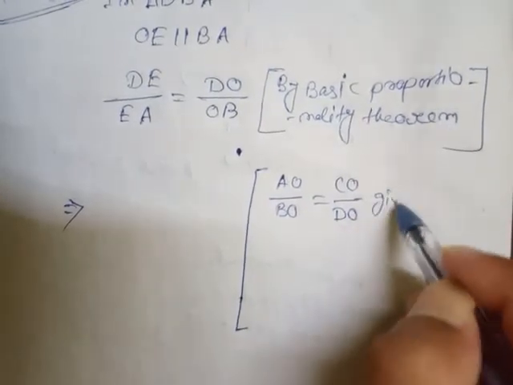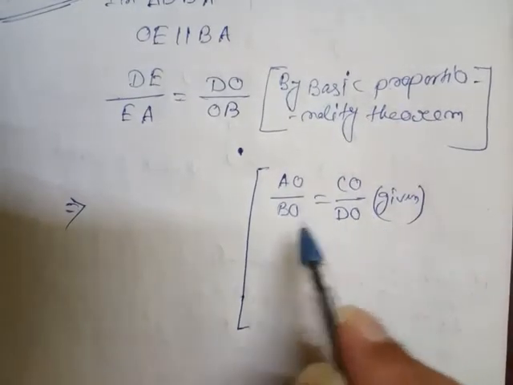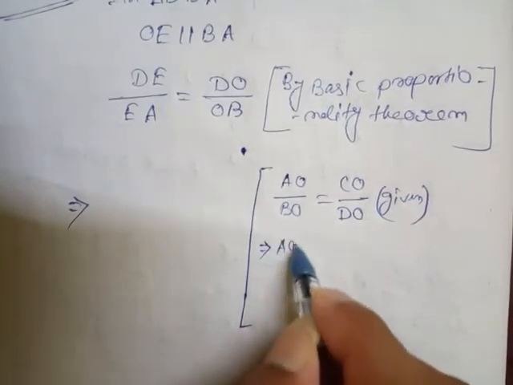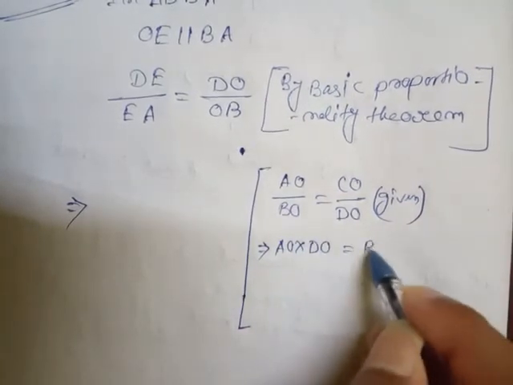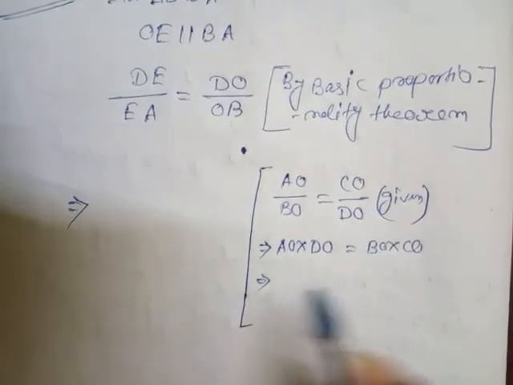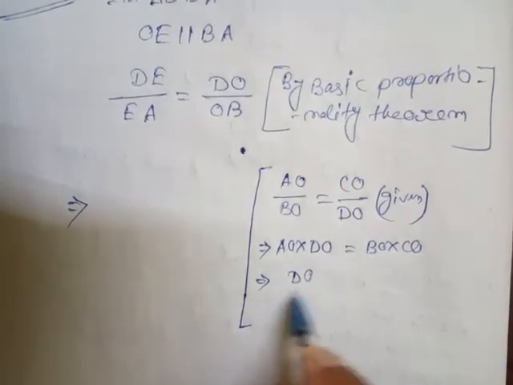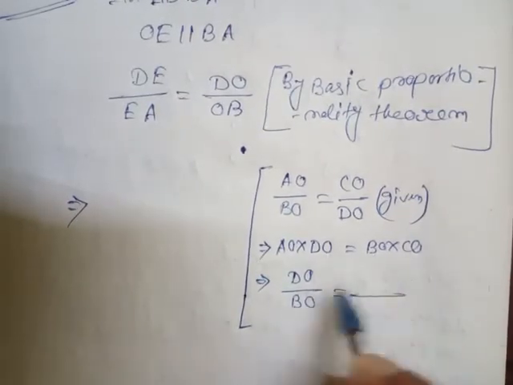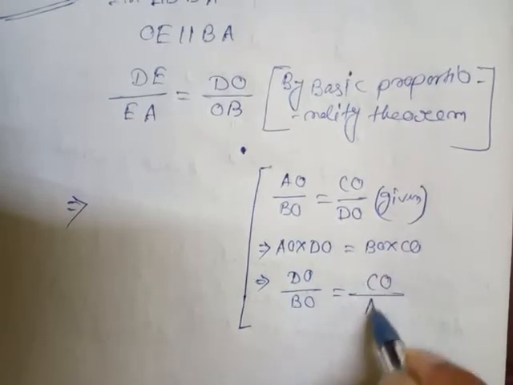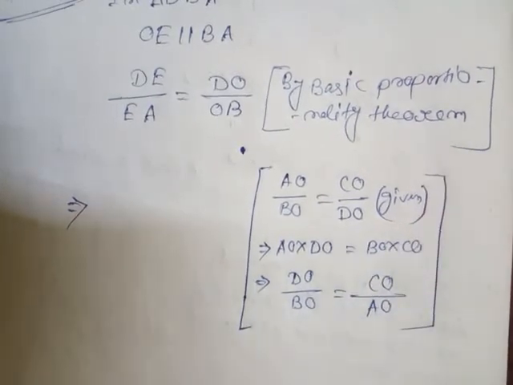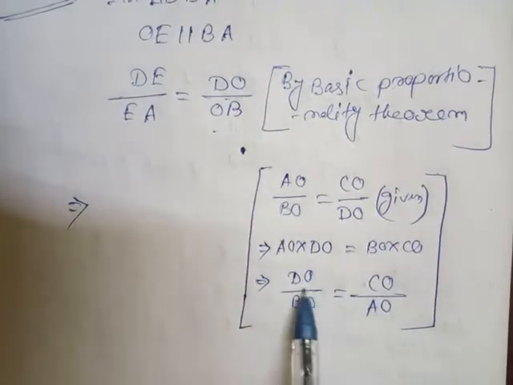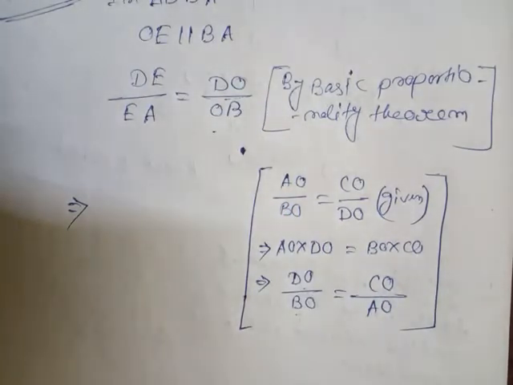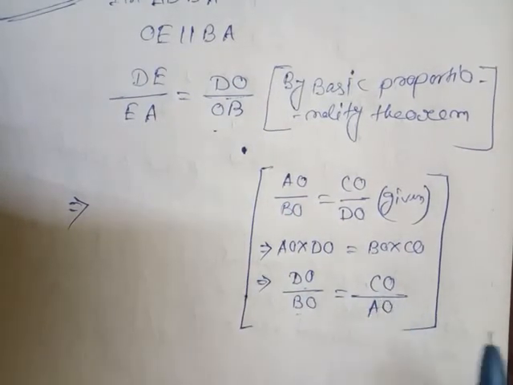We'll use this now. First of all, this implies AO into DO equal to BO into CO. After that, DO by BO equal to CO by AO. So in place of DO by BO, I may write CO by AO.